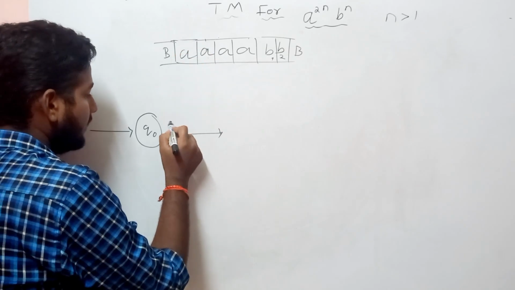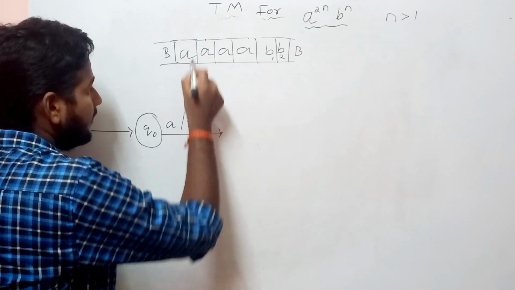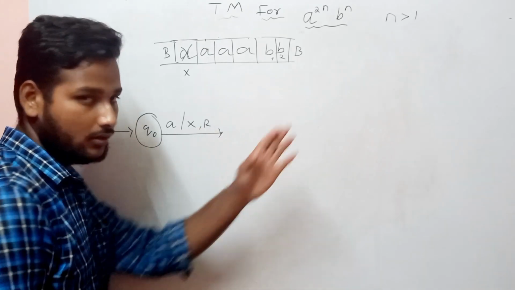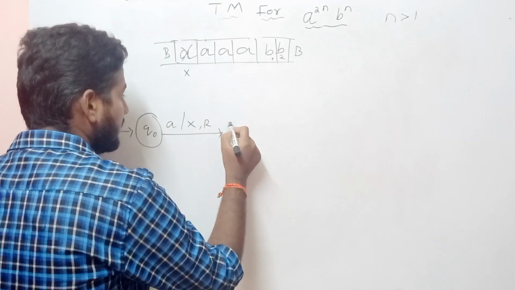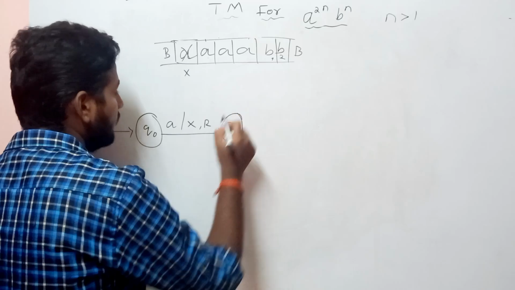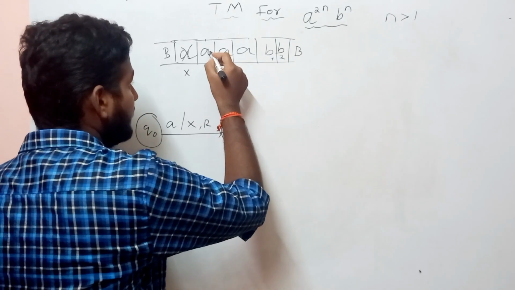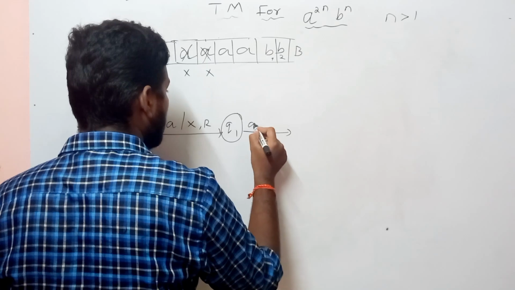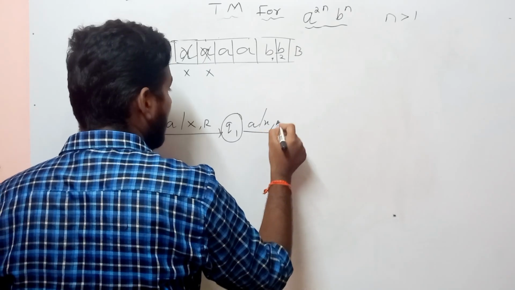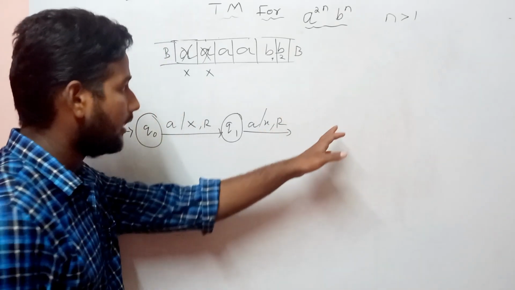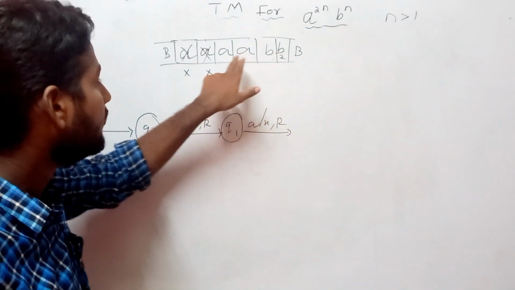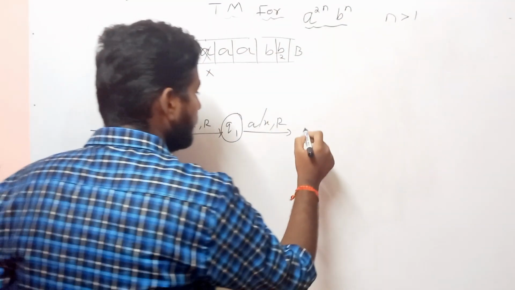Whenever we read a, it is replaced by x and the direction moves to the right. Next the state changes from q0 to q1. We make this second a also x, moving right. Next we search for the first b, so we ignore these a's.